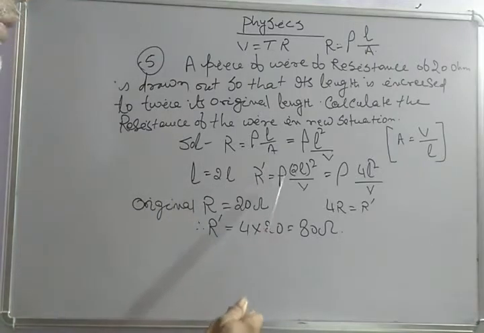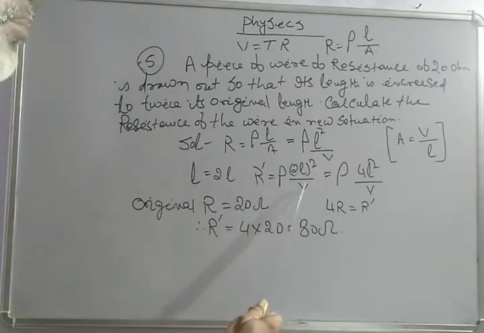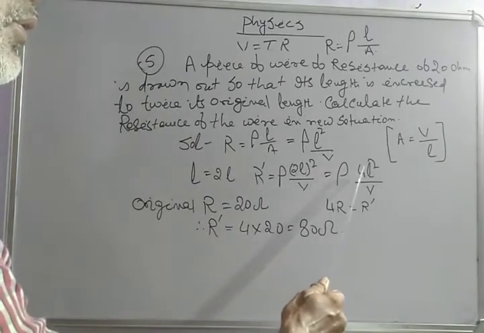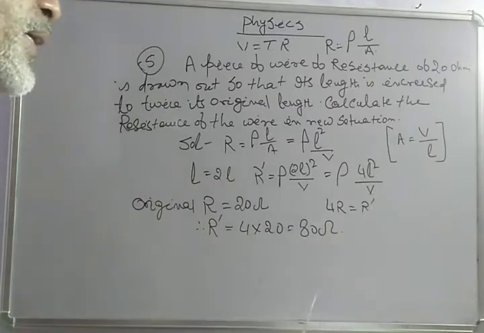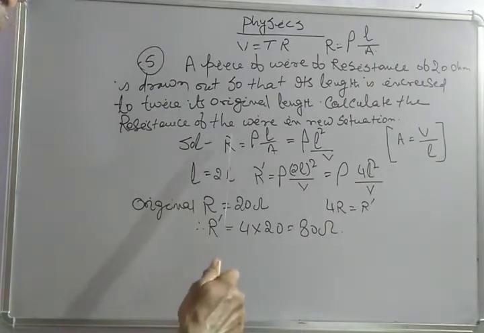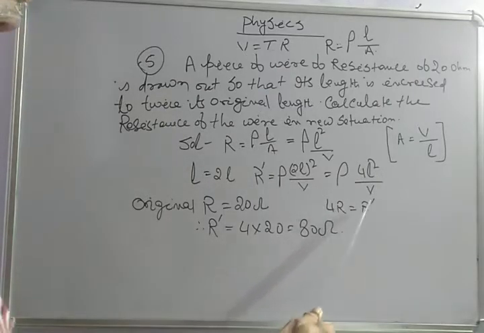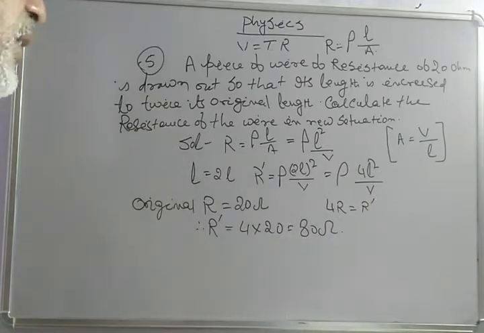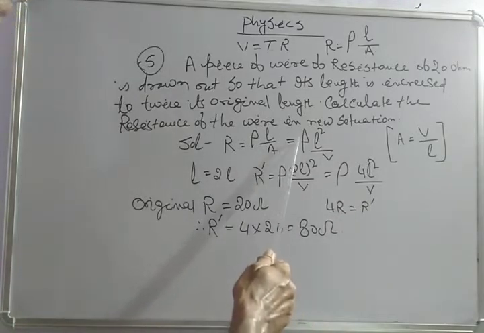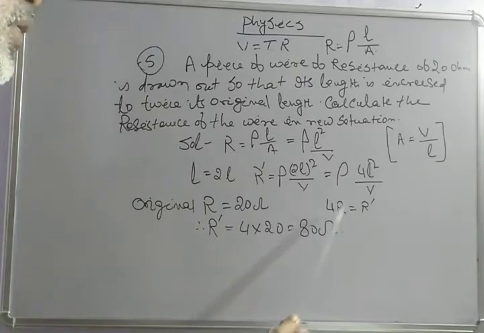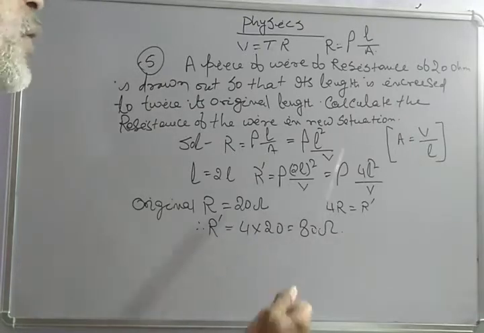So R dash is equal to rho into 2L square by V, which is 4 rho L square by V. So that means R dash is equal to 4R. Here R is given as 20 ohm, so R dash is equal to 4 into 20, which is 80 ohm.